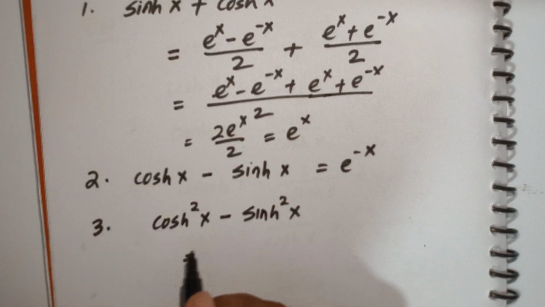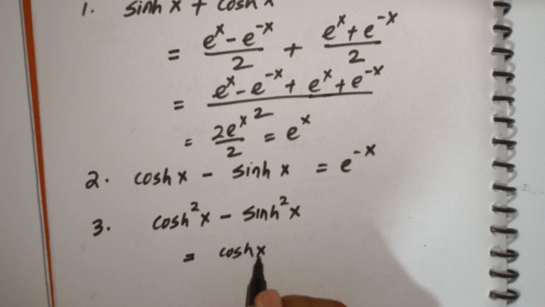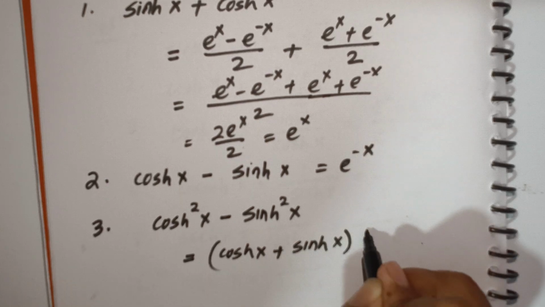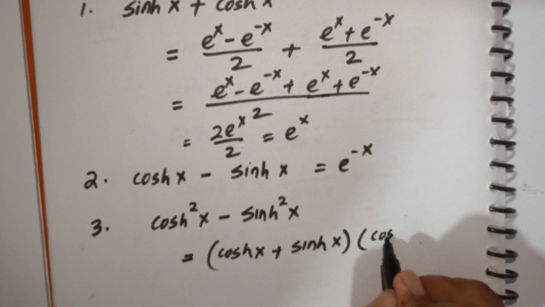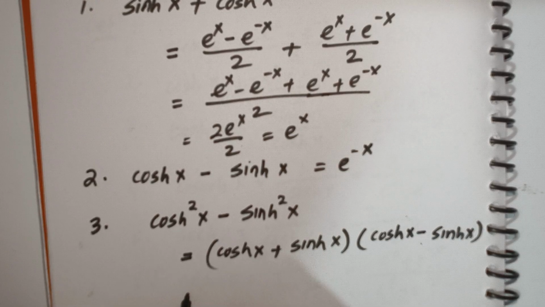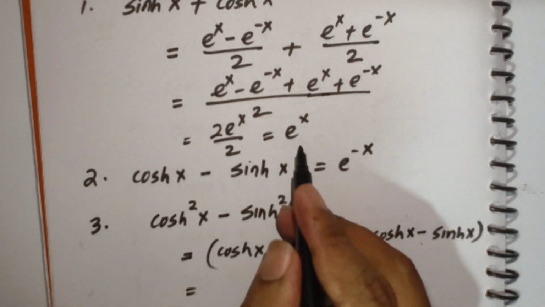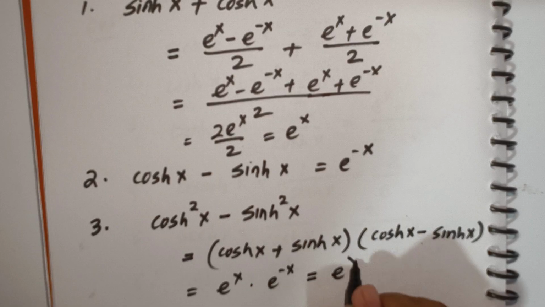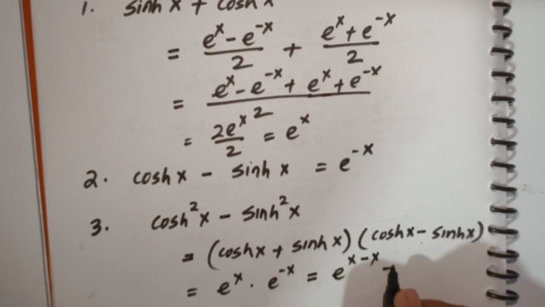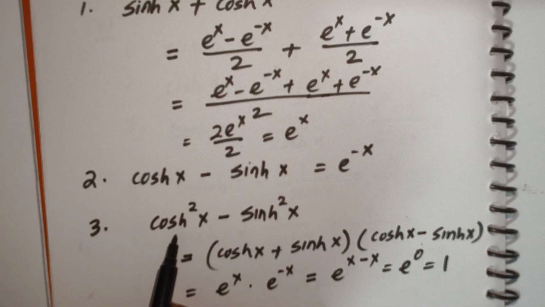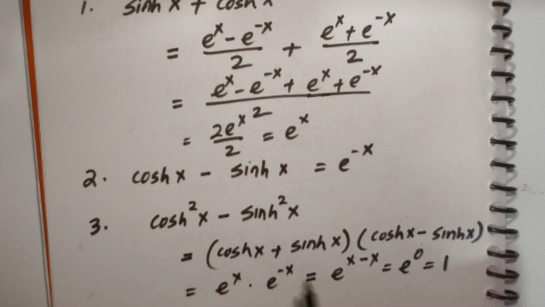So we have a plus b, which is hyperbolic cosine plus hyperbolic sine, times a minus b, hyperbolic cosine minus hyperbolic sine. So this one is e to the power x times this, e to the power minus x, which is e to the power x minus x, e to the power 0, which is 1. So hyperbolic cosine square minus hyperbolic sine square is 1.